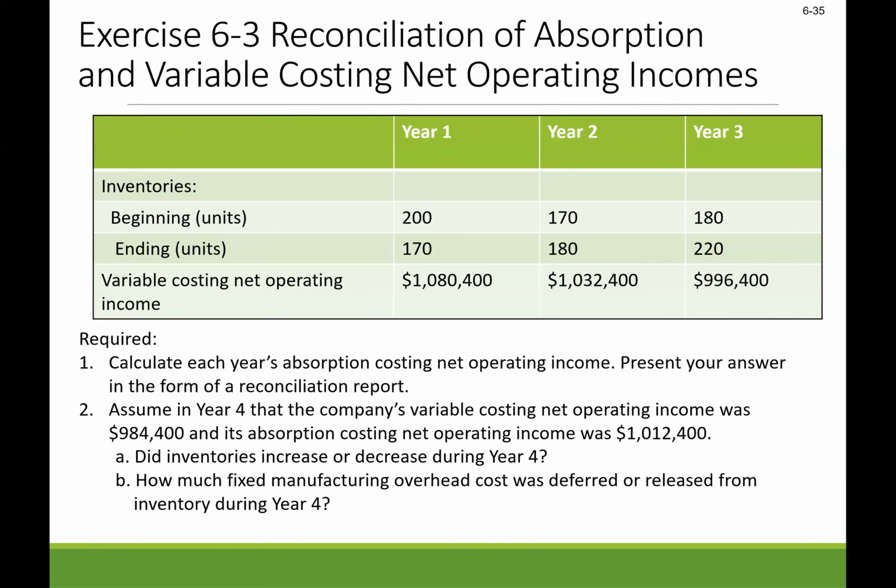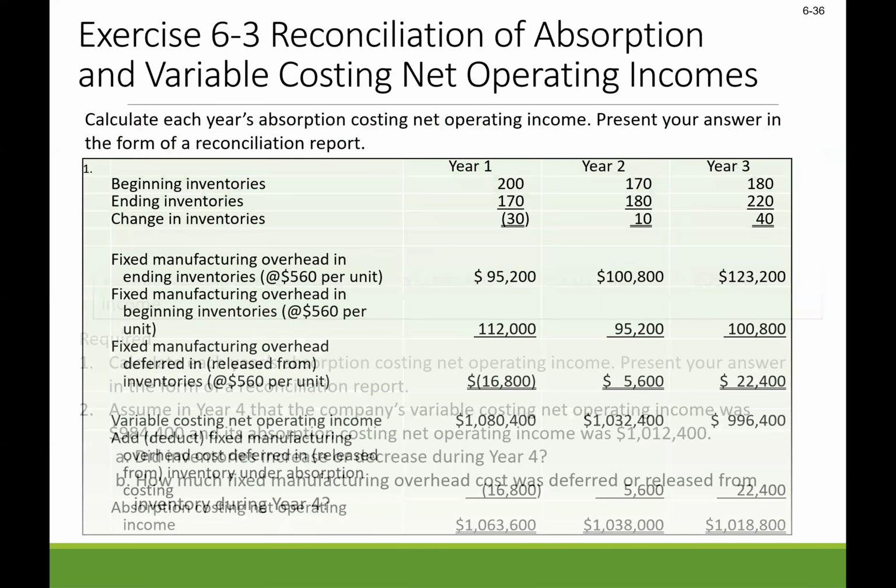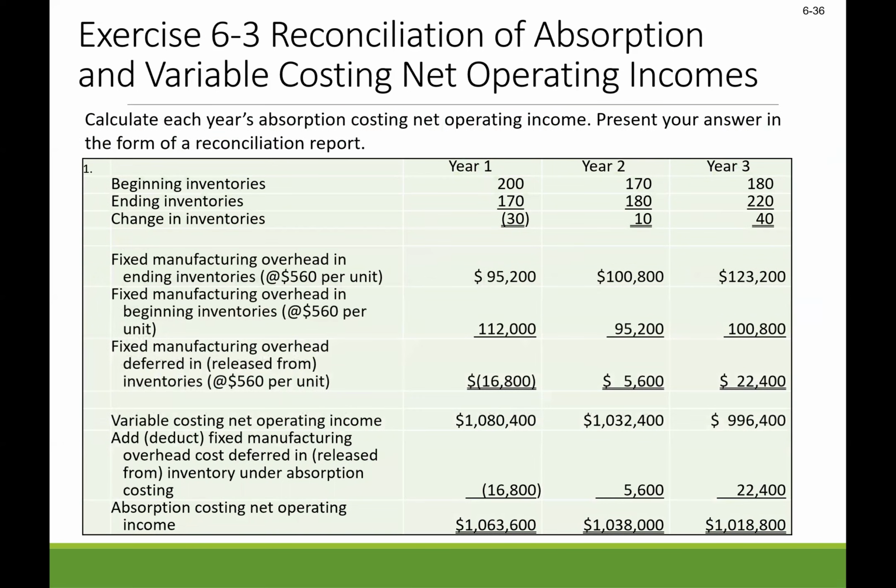So we're going to, based on this, look at the absorption costing net income. So if we know our beginning inventory and we know our ending inventory, we can see the change in inventory, okay, for each year.